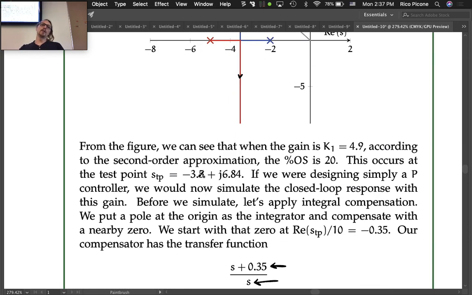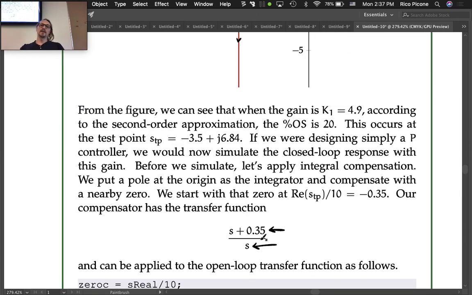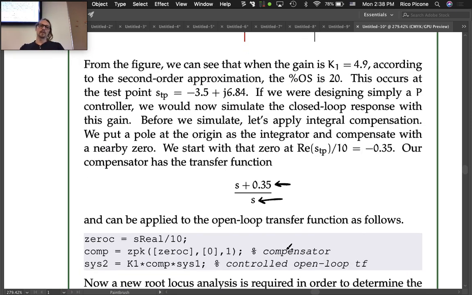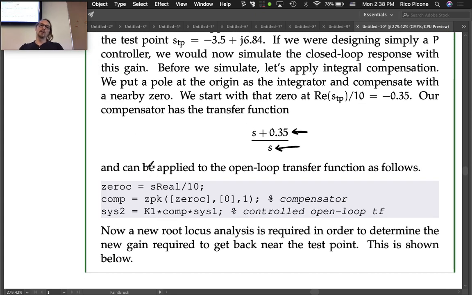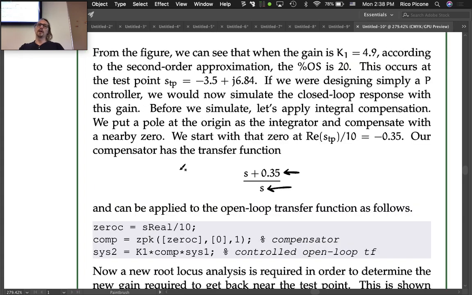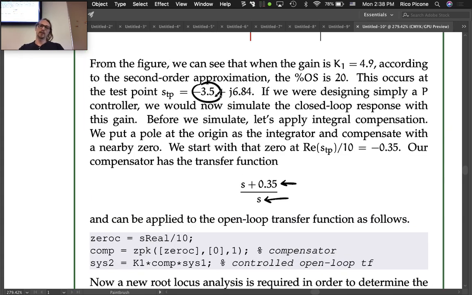So 10% of that is negative 0.35. So a good place to start with the 0 in our integral compensator is at negative 0.35 on the real axis.